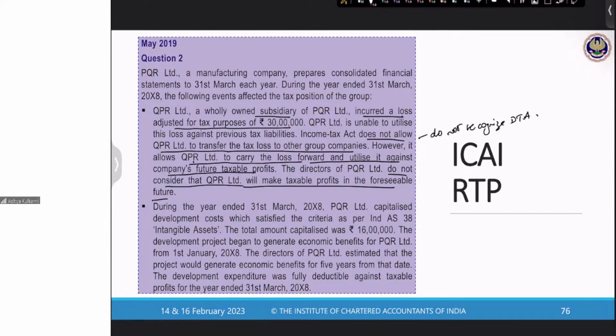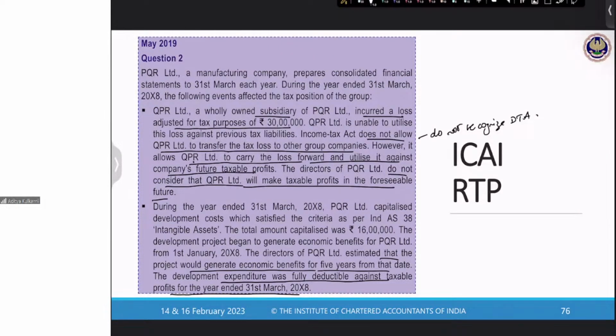The directors of PQR Limited estimated that the project would generate benefits for 5 years from that date. Development expenditure was fully deductible against taxable profits for the year ended 31st March 20X8. So you should be in a position to help me.